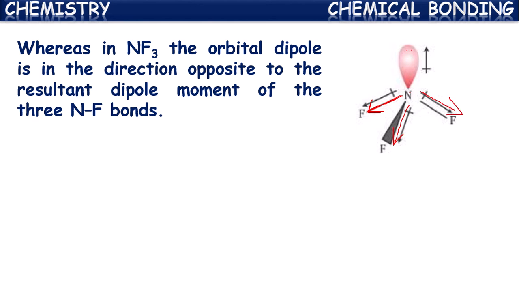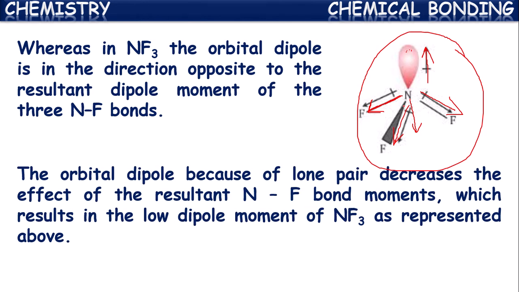Now the resultant of all three vectors, that is the net dipole moment because of these three bonds, is in a downward direction. Whereas the dipole moment because of the lone pair of electrons in the orbital is in the opposite direction. That is why the resultant dipole moment of the NF3 molecule will be less than that of the NH3 molecule.